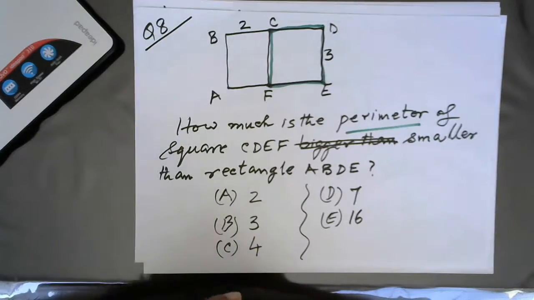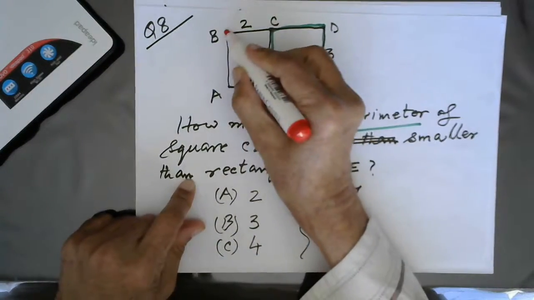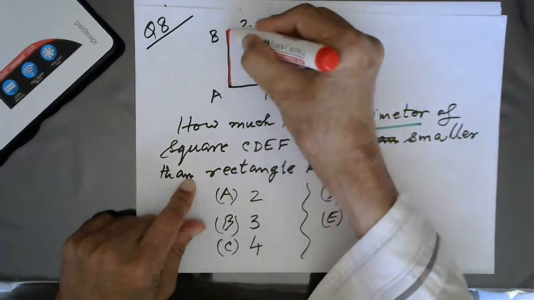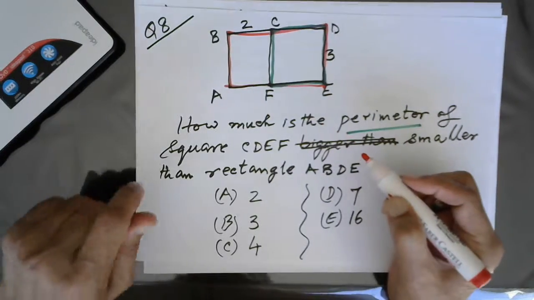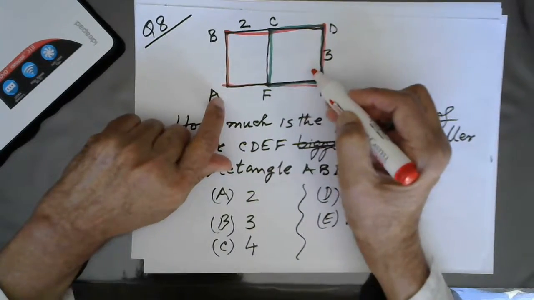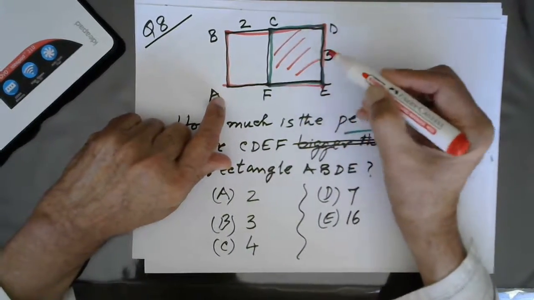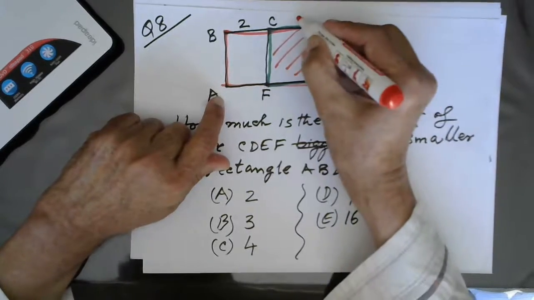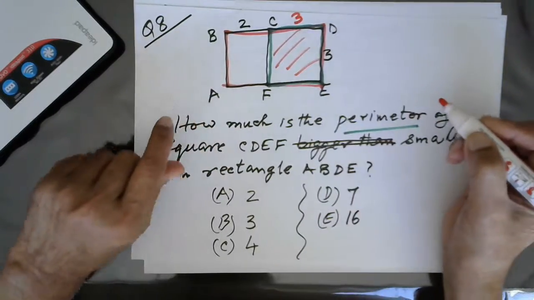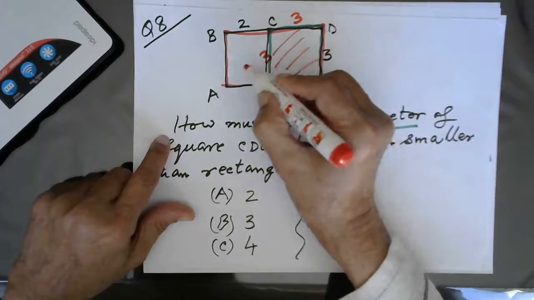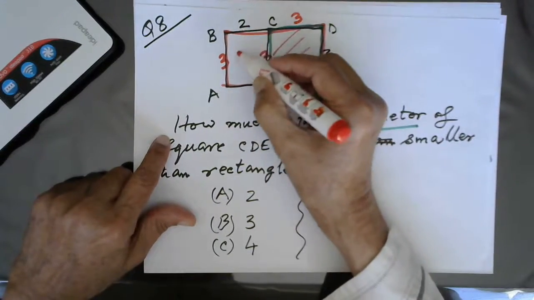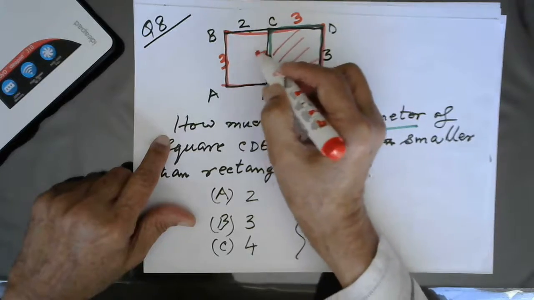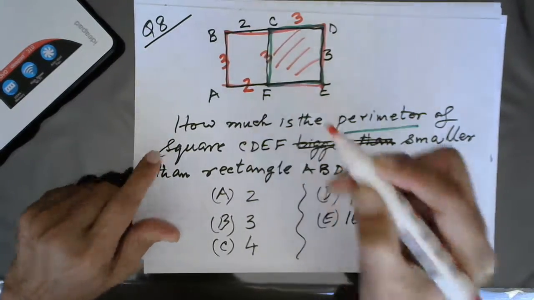So this is rectangle ABDE. Now, because this is a square and this side is 3, so this side must also be 3. This side must be 3. This side must be 3. And because this side is 2 and this is a rectangle, so this side must be 2.